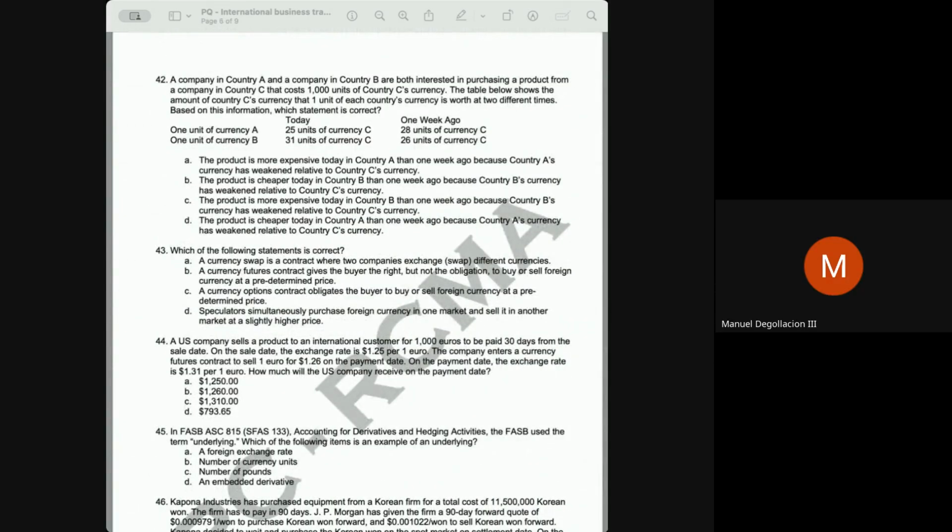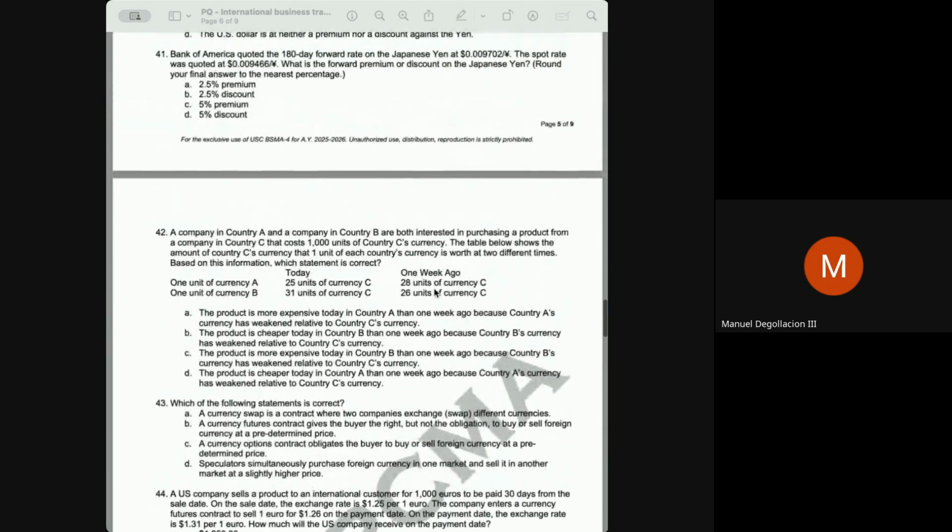The answer for number 42 would be: the product is more expensive today in country A than 1 week ago because country A's currency has weakened relative to country C's currency. The answer here is letter A.